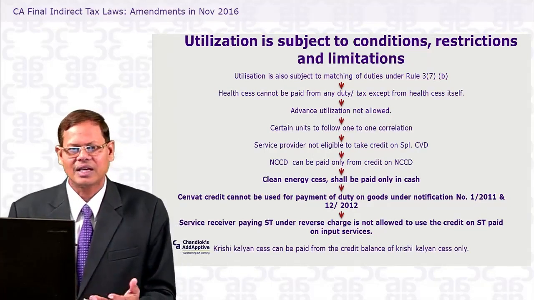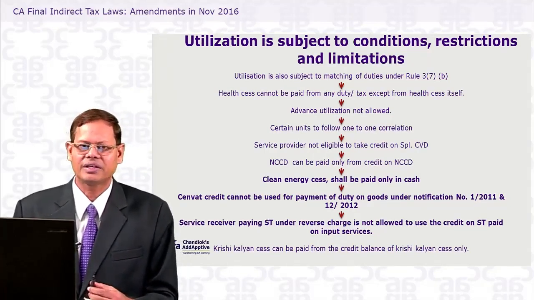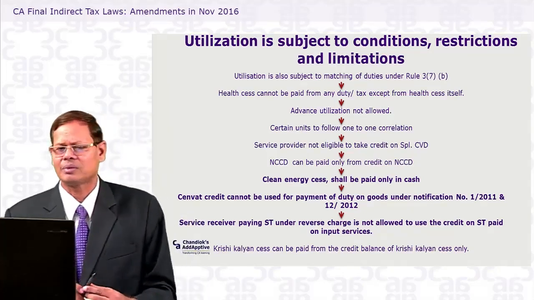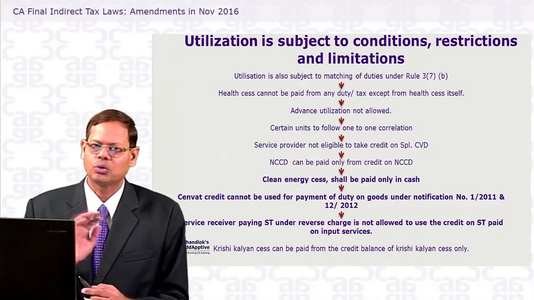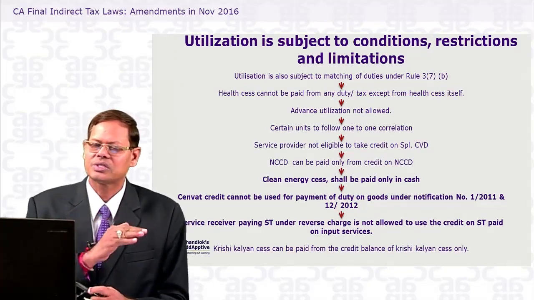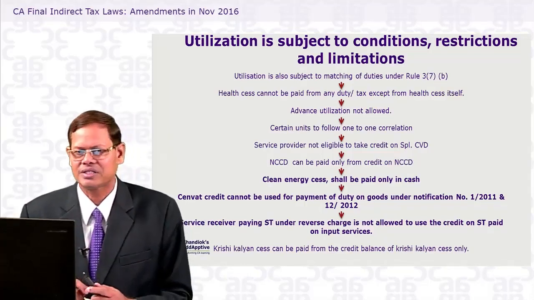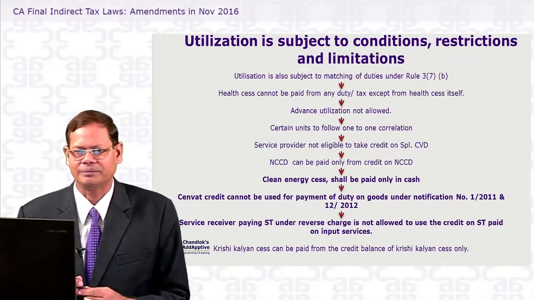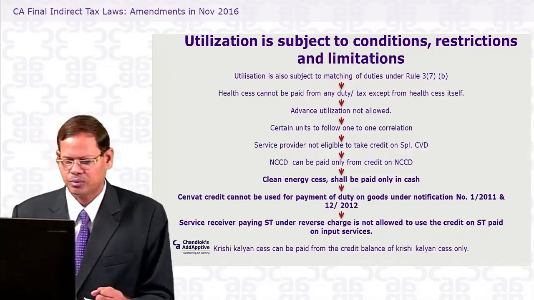It doesn't have its own CENVAT credit, but at the same time any CENVAT credit on services or inputs, capital goods, etc., the coal producer, the coke producer cannot use his existing CENVAT credit balance to pay this clean environment cess. He has to pay in cash separately, right? So that's the reason why this restriction has been put here.